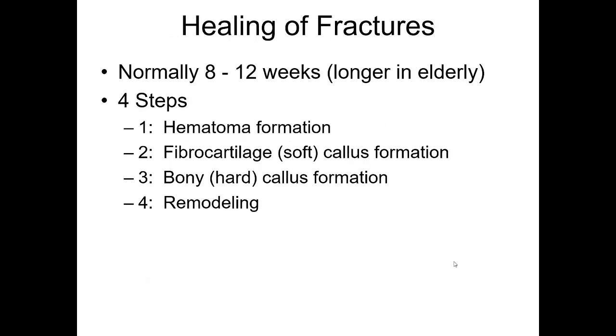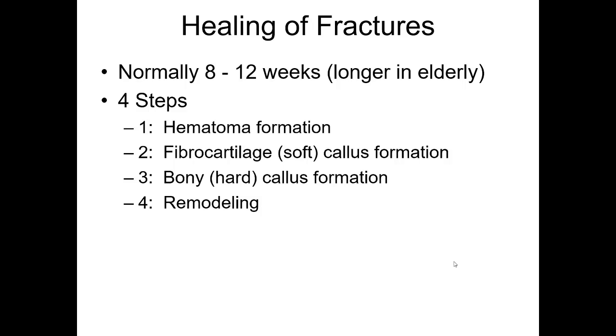Healing of fractures is a long process and depends on age as well. Fractures heal quicker in children as opposed to the elderly, and they typically take place in 4 steps. In the first step, a hematoma forms. A hematoma is clotting of blood under the surface of the skin, and it happens about 6 to 8 hours after an injury.